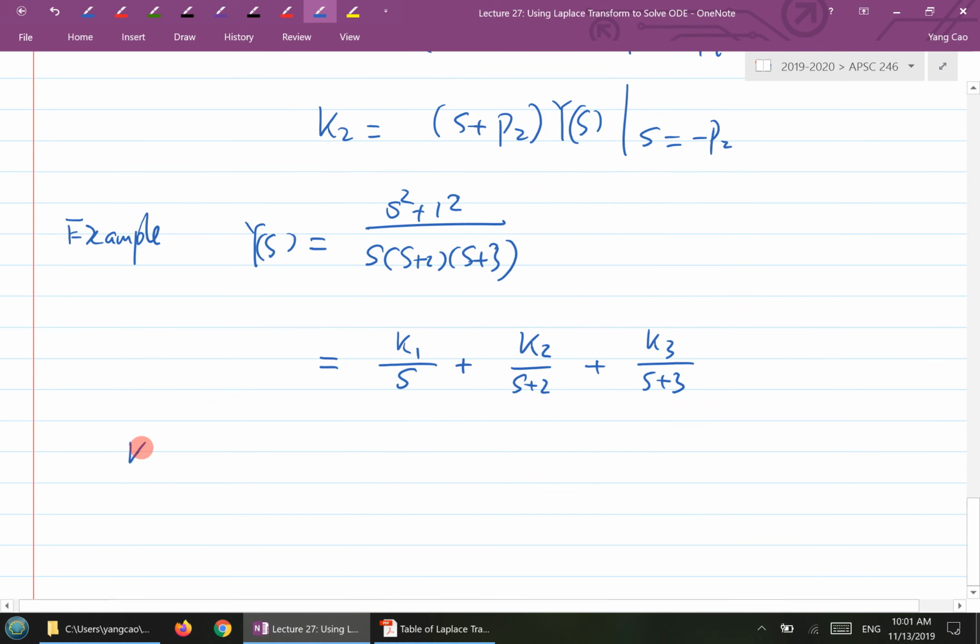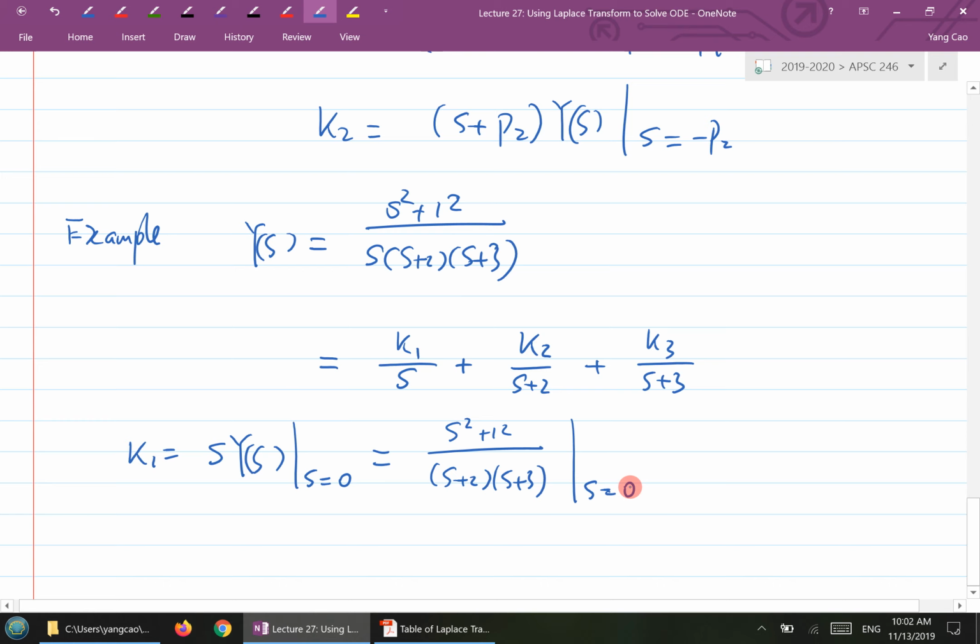So what's k1? k1 equals s times y of s, and then let s equal to 0. So s times y of s, and this is y of s here. When it times s, the bottom s and s cancel out. You get s squared plus 12 over s plus 2 times s plus 3, and then let s equal to 0.